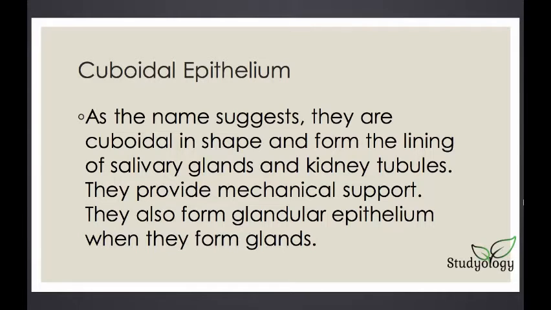They provide mechanical support, or they prevent the organs from getting any injury. They also form glandular epithelium when they form glands. We had learned in tissues that once the tissue gets more mature, they form glands. So once this cuboidal epithelium gets matured, they also form glandular epithelium.